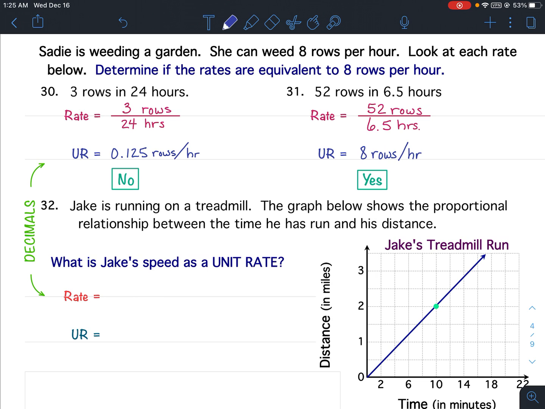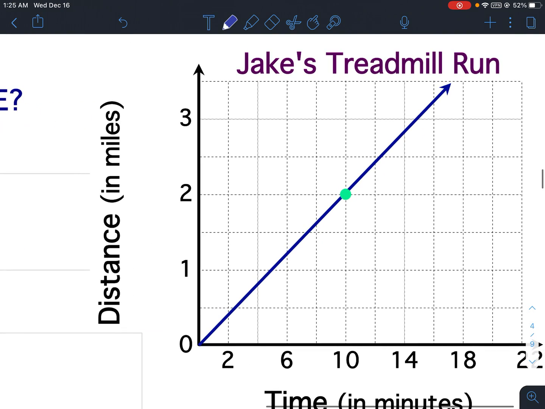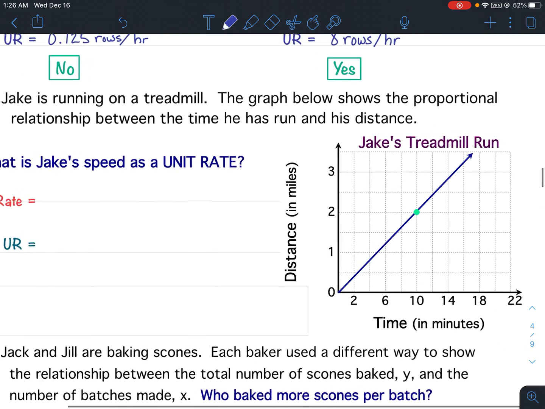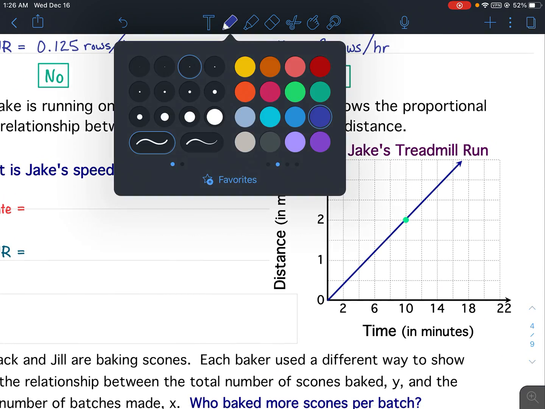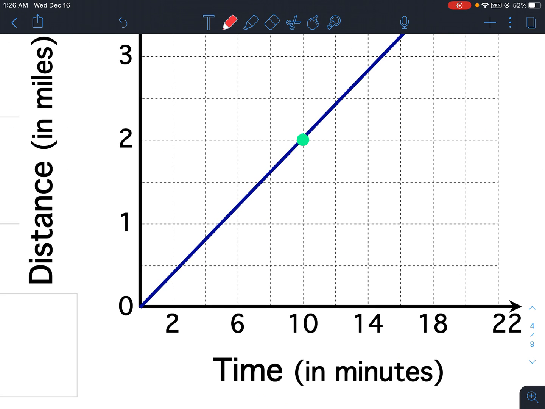32. Jake is running on a treadmill. The graph below shows the potential relationship between the time he has run and his distance. What is Jake's speed as a unit rate? So we need to find his speed as a unit rate. All right, so I put this point on the graph. Remember, there's no 1 here, so I can't do it the easy way.